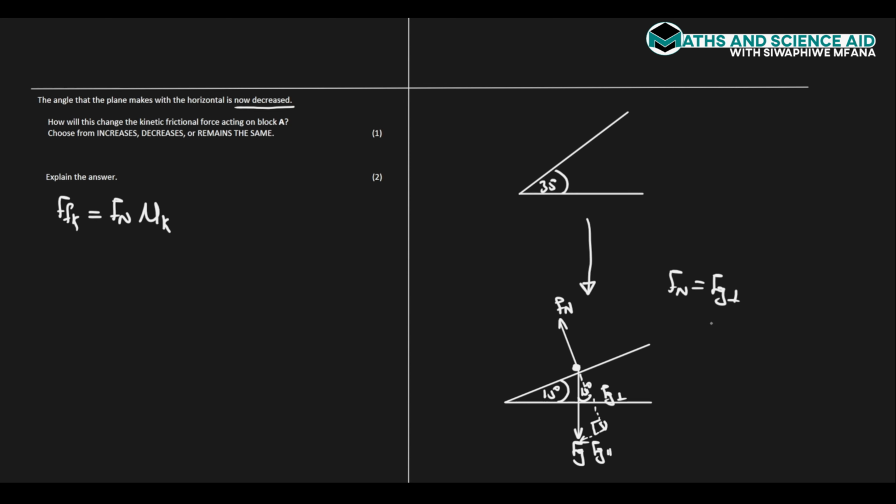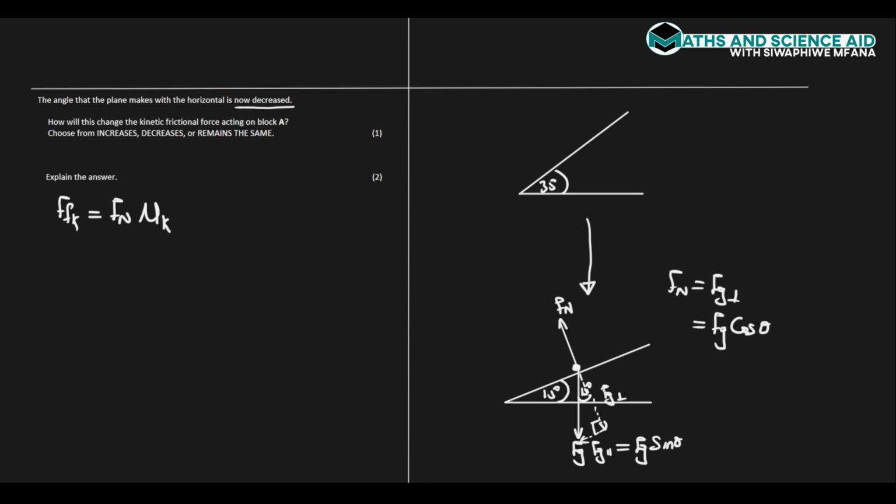Additionally, this Fg perpendicular is given by Fg cosine of that angle. So let me just call it theta here. And that is obvious because, as we had already discussed, Fg parallel is given by Fg sine of theta. So if this is given by Fg sine of theta, then the other component will be given by Fg cosine of theta. But if you want to verify it, here is how you can reason again.